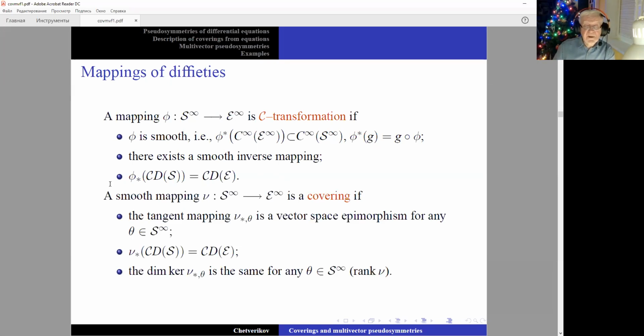This is the definition of covering of system S to system E. It can be proved that a covering with rank 0 is a C transformation.